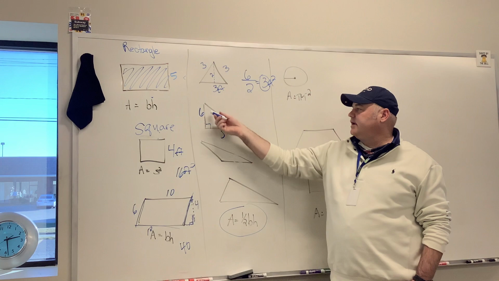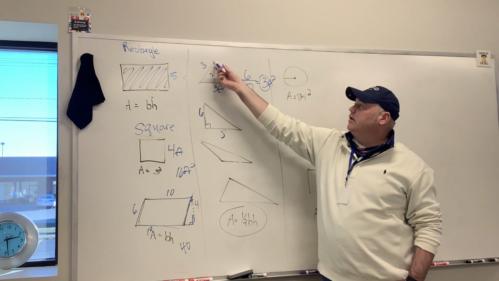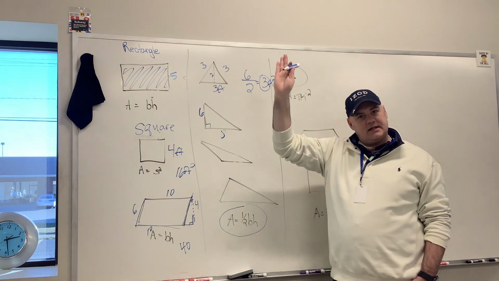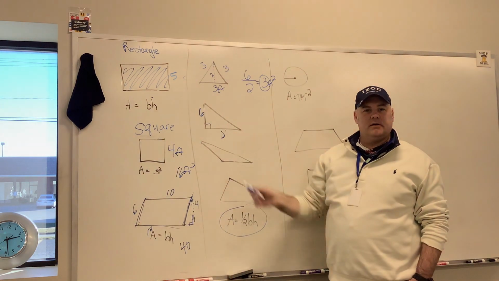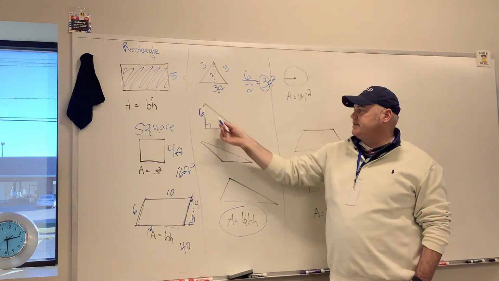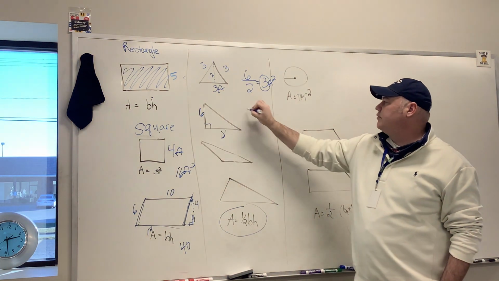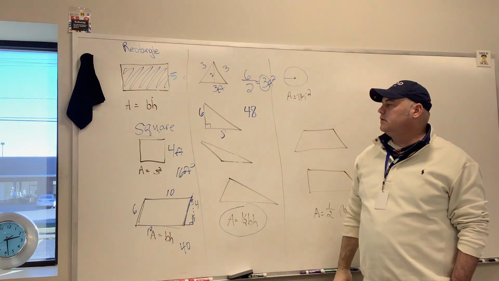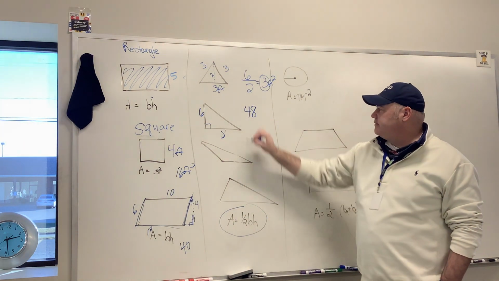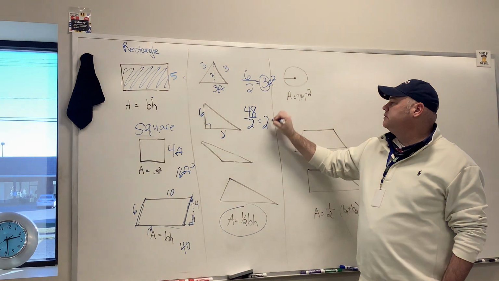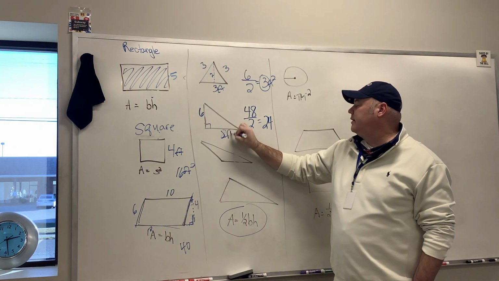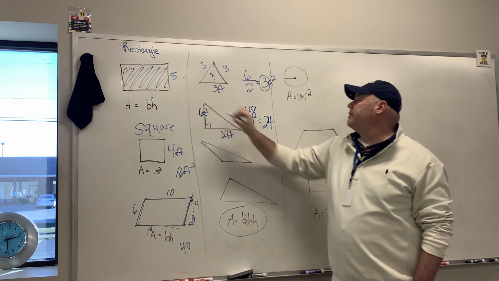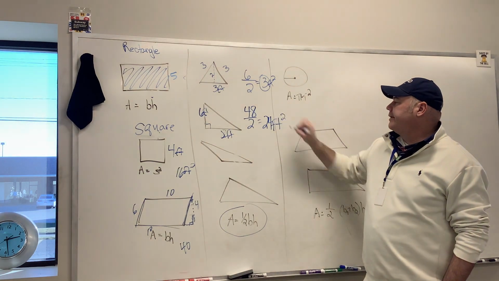You don't have to have an extra thing like here that shows you exactly straight up and down. You've got that right here, okay? So your base and your height, 8 times 6 is 48, okay? And don't forget to divide by 2 when you're done. So 24, and we'll make it feet squared. Okay?